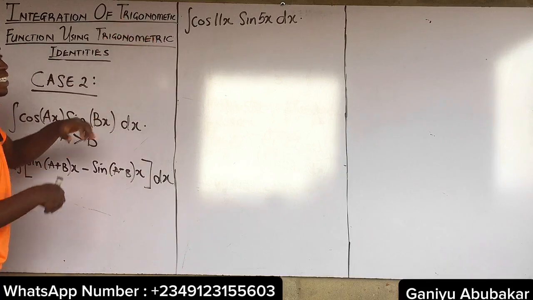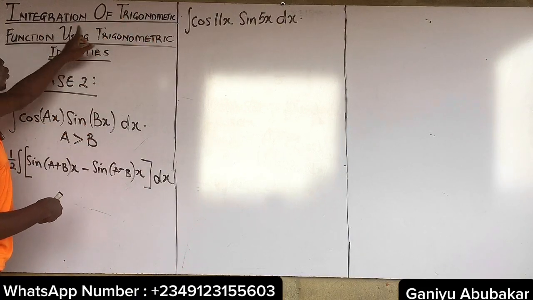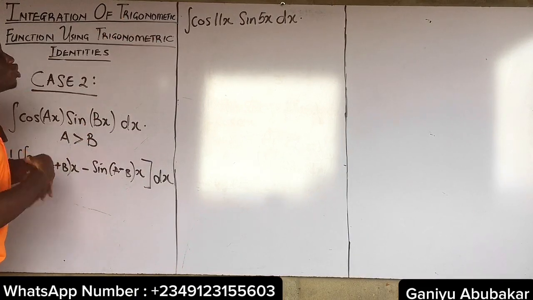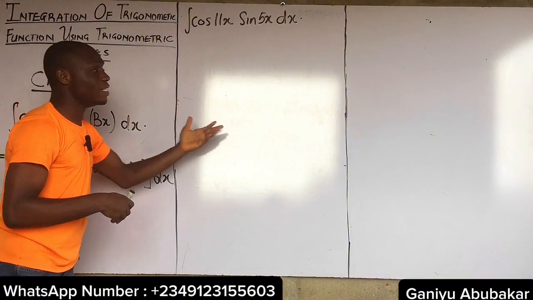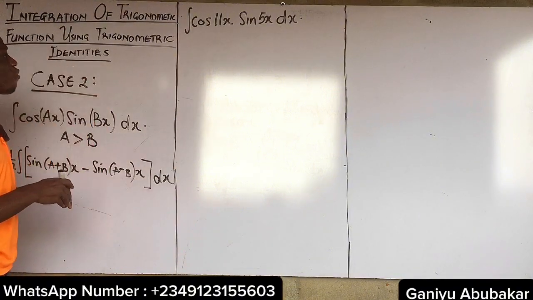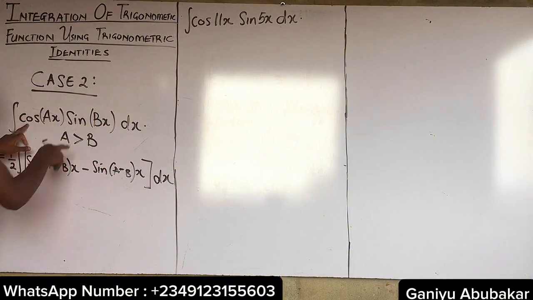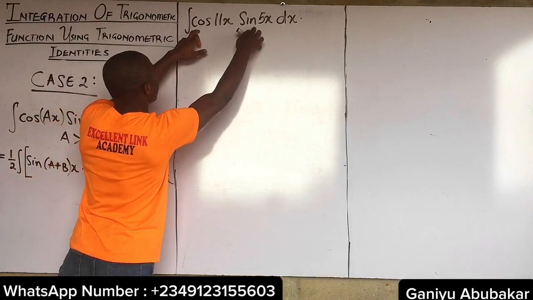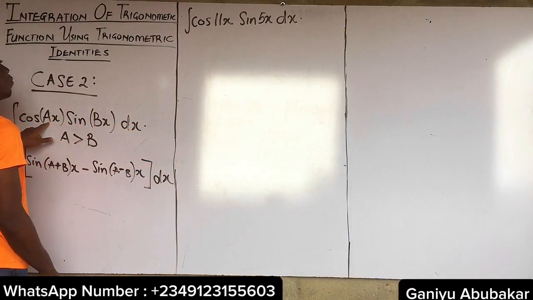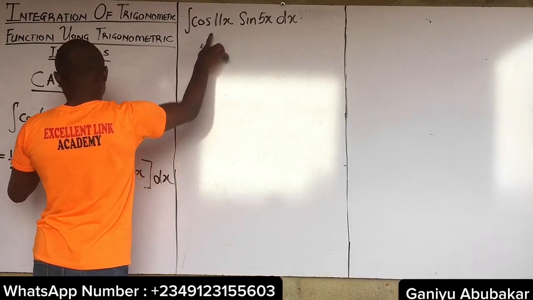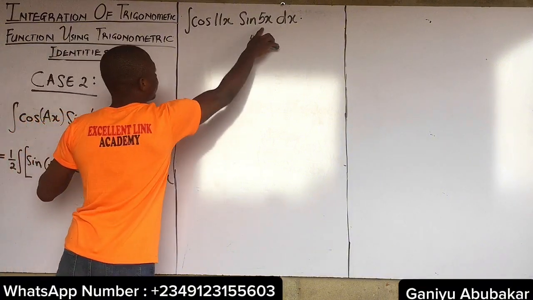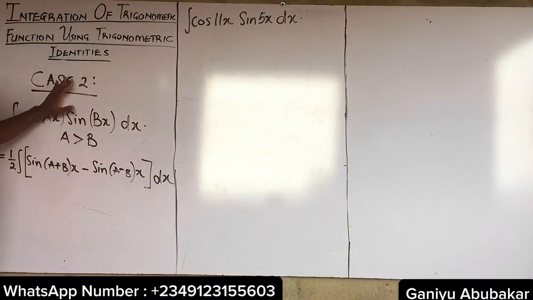The idea is integration of trigonometric functions using trigonometric identity. Observe that this is cos and sine, and A, which is 11 here, is bigger than B, which is 5 here. So I can apply this technique.